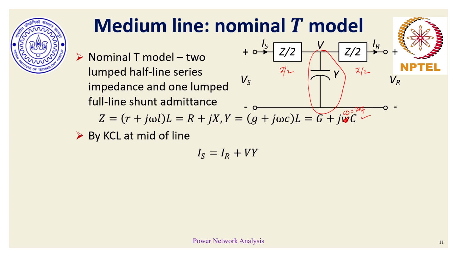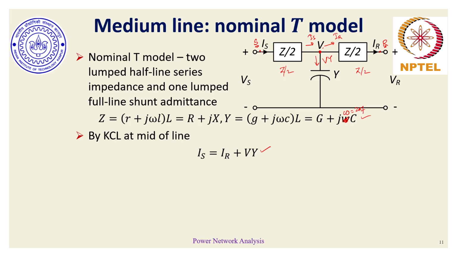And if we try to understand the mathematical equations which define this model, then at the midpoint of the line, we apply KCL. So let's say if we take this node, then the input current is Is, output current is IR. We are assuming a fictitious voltage V, so the current across this shunt element is V into Y. We apply KCL, we get this equation, and then we also have three nodes which we can talk about: sending end, receiving end and the midpoint.